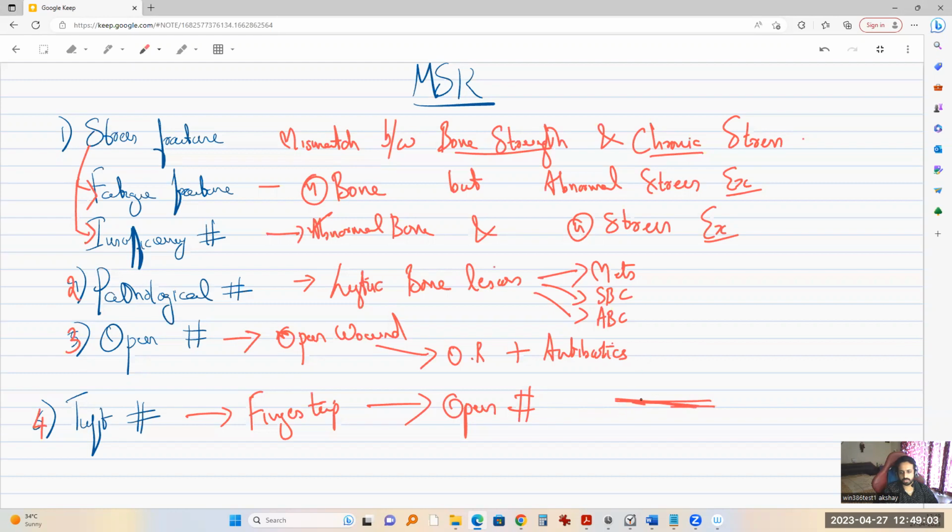Okay. So if the fracture involves the nail plate, these are considered open fractures, and even though they don't end up in the operation room, they'll mostly be given antibiotics. Okay.